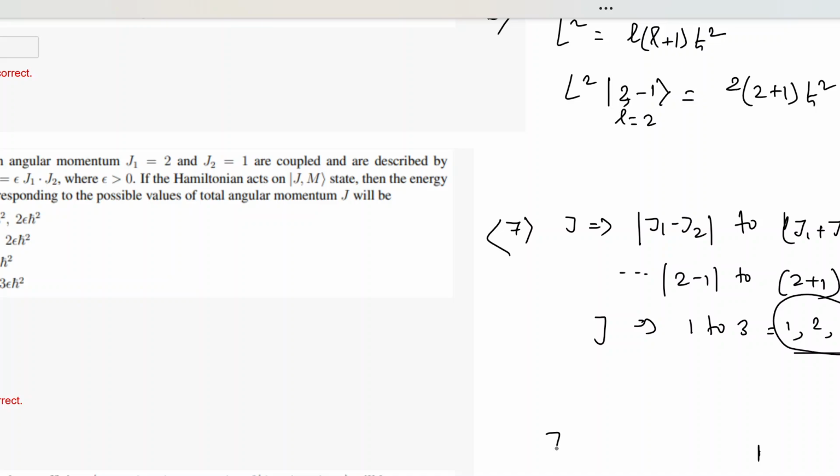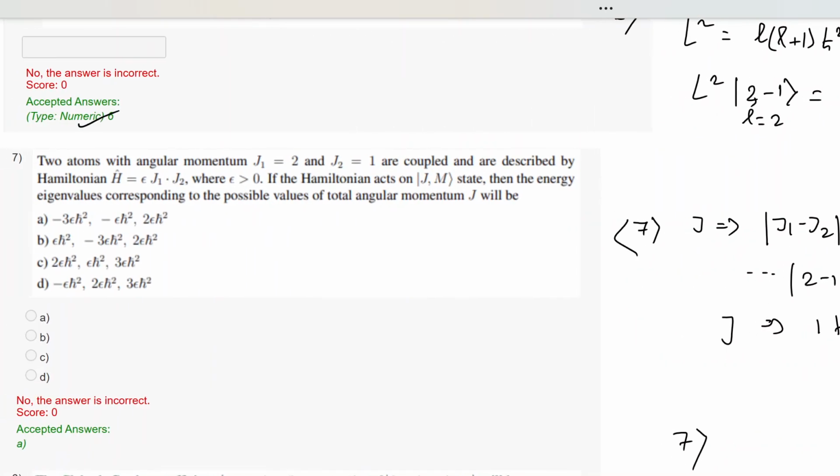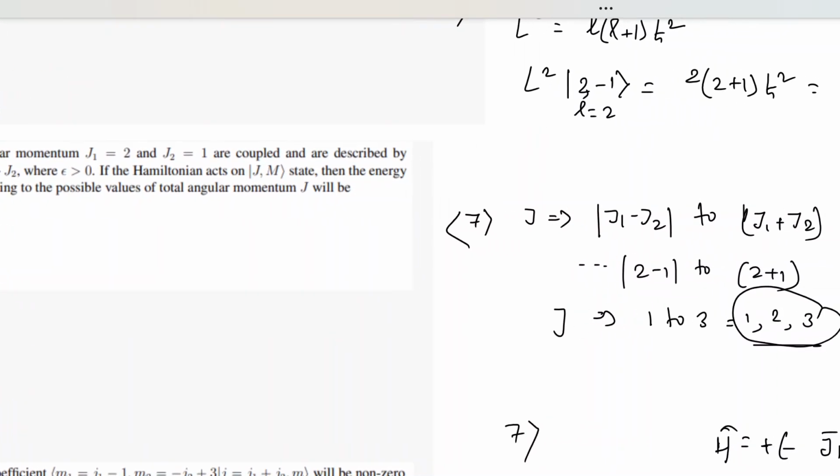So this is still question number 7 ongoing. Hamiltonian equal to plus epsilon J1 vector dot J2 vector, which is epsilon by 2 times J squared minus J1 squared minus J2 squared. Now what will be the eigenvalue when it operates on a capital J, m state?